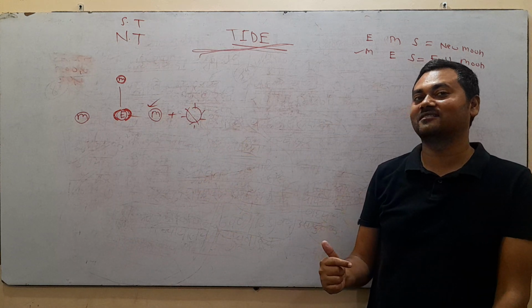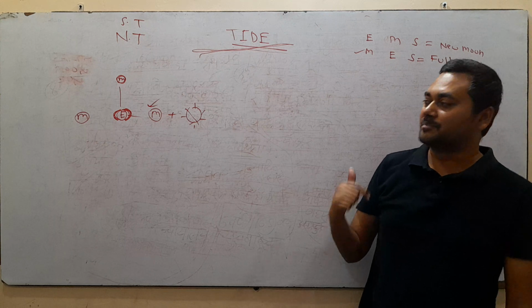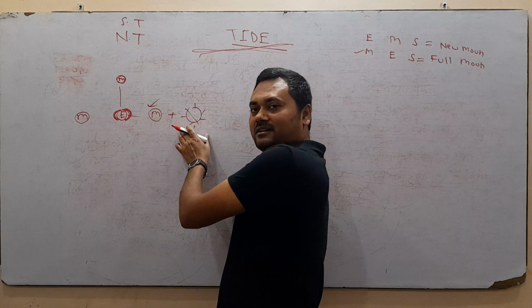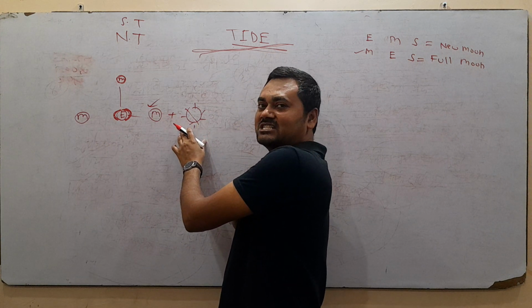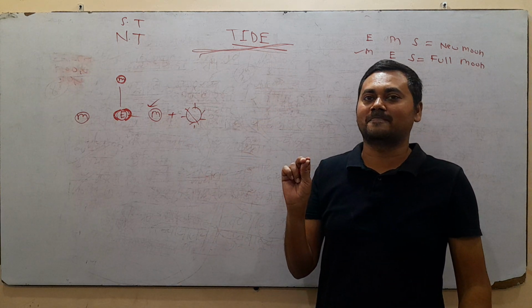And why? Why we will be experiencing the spring tide? Because the sun is in this side, but you should, as I have told you, that the most important factor is the moon.